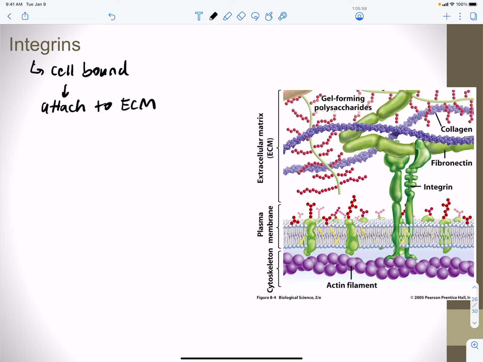Now these integrin families are going to be very important not only to development, so for embryogenesis, to our immune responses, but also these are going to be important in cancer metastases and tissue homeostasis.